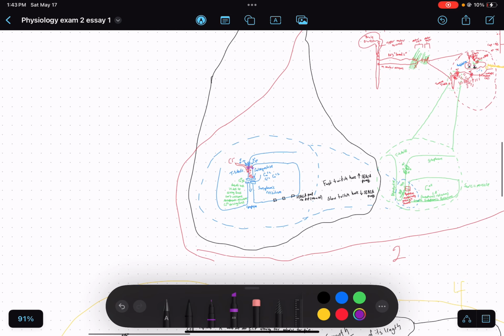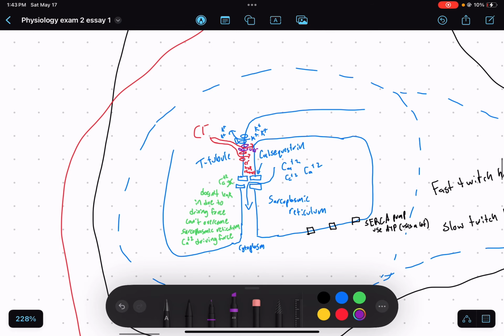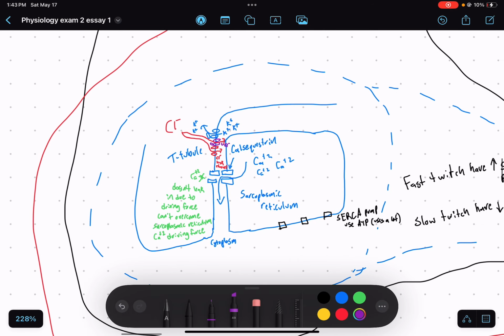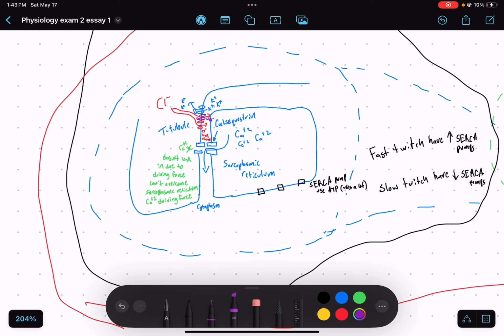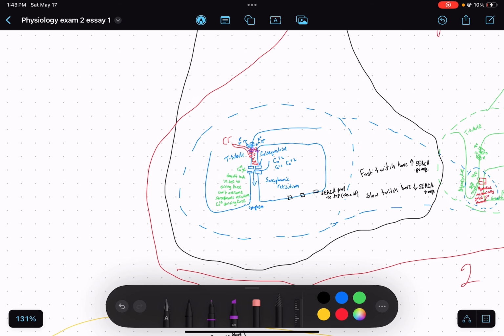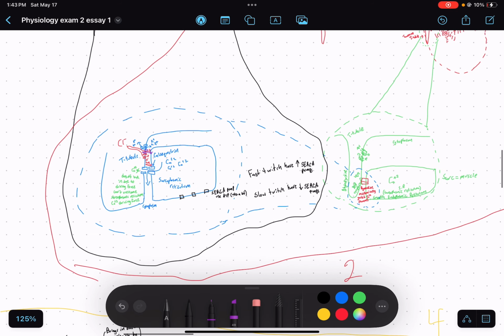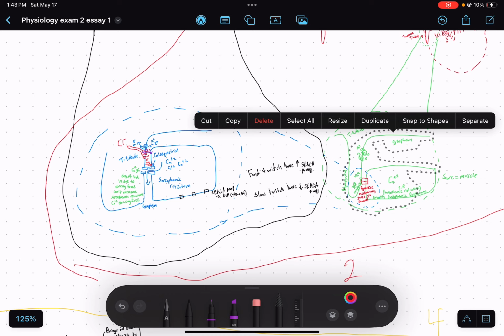But first, I'm just going to go a little bit larger and talk about how the sarcomere, not the sarcoplasmic reticulum, is the whole cell, which, let me get my little pointer out.